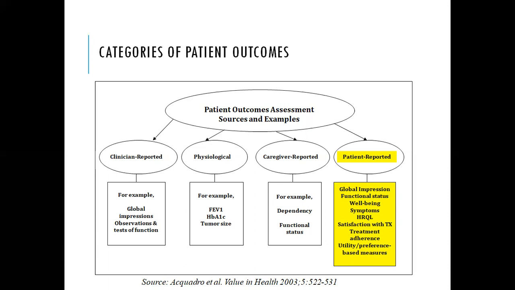And then we've also talked about the PICOT format, where we were talking about the patient, the intervention, the comparator, the outcome, and maybe the time. So based upon what our PICOT is, what our research question is, our outcome measures could be divided into either the clinician reported outcome, or the physiological, or the caregiver reported, or the patient reported. And all of them are somehow important, and we need to focus on them.